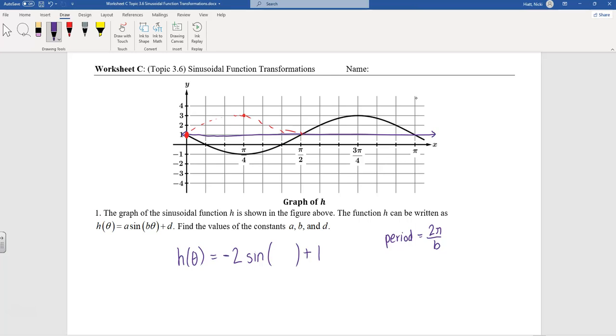Pi. So pi is our period here, right? So pi is what we're going to get when we do 2 pi divided by B. What number do we need for our B? Right there. 2, right? Because 2 pi divided by 2 would give us just 1 pi. So we've got 2 theta for that one.